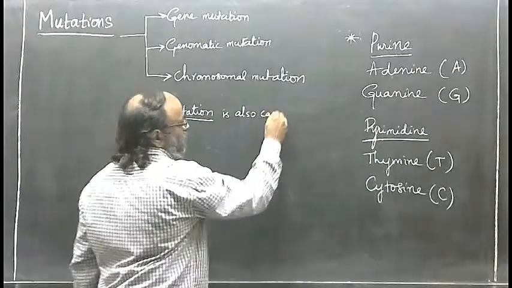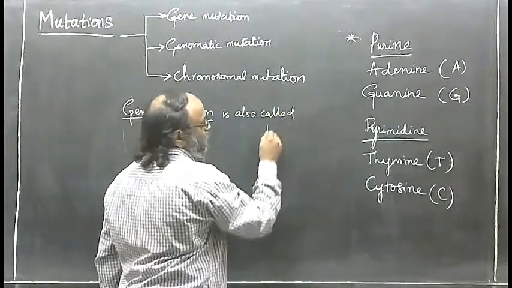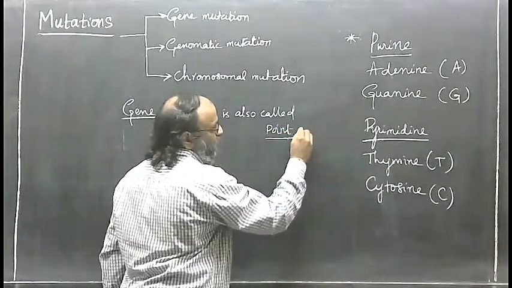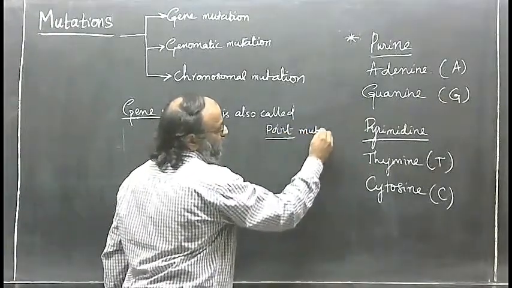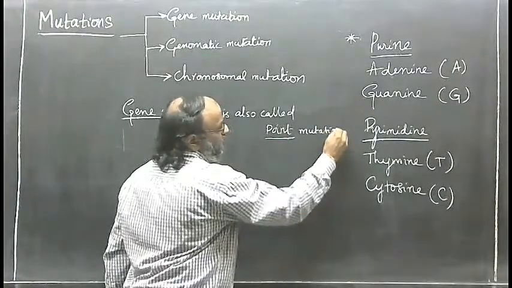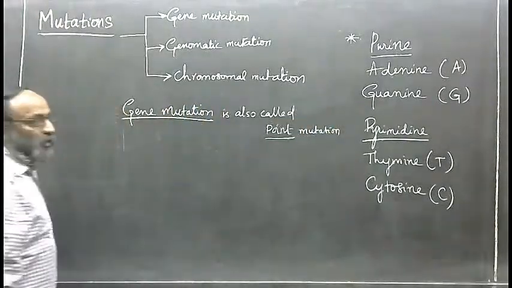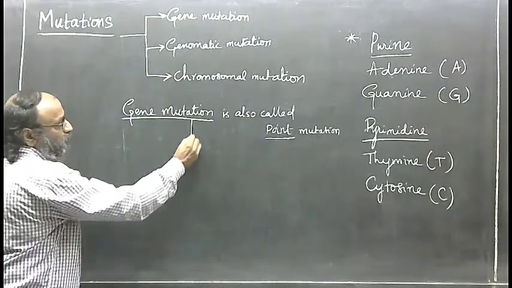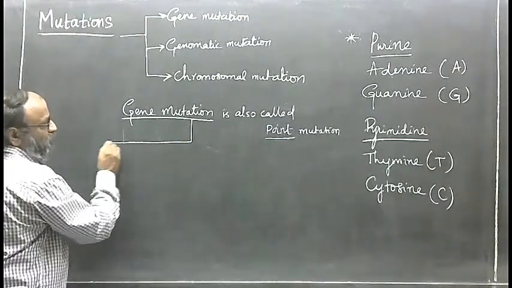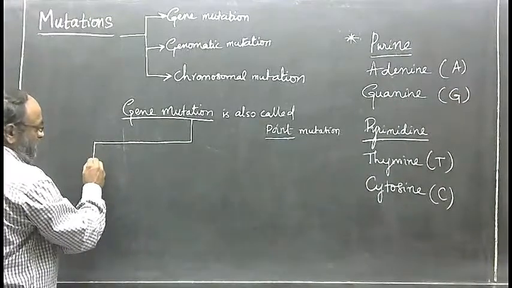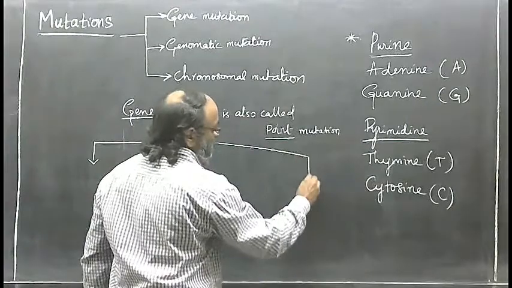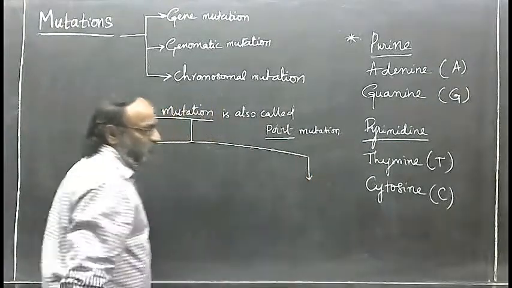The other name of gene mutation is point mutation. And this gene mutation or point mutation is classified into two types.